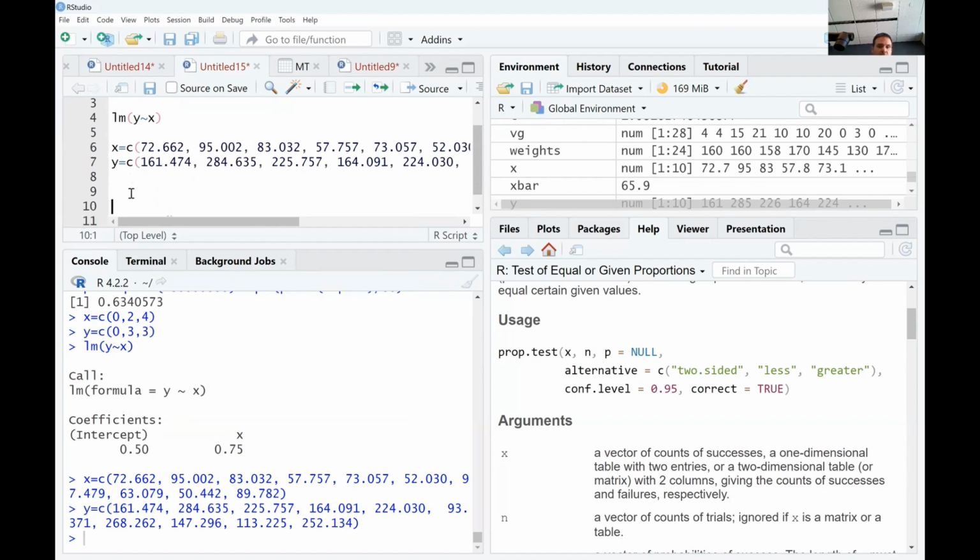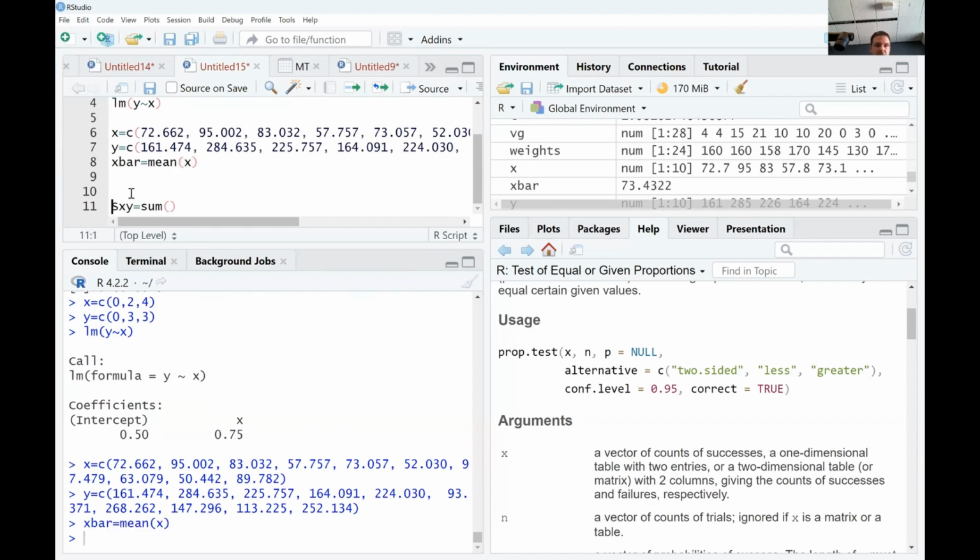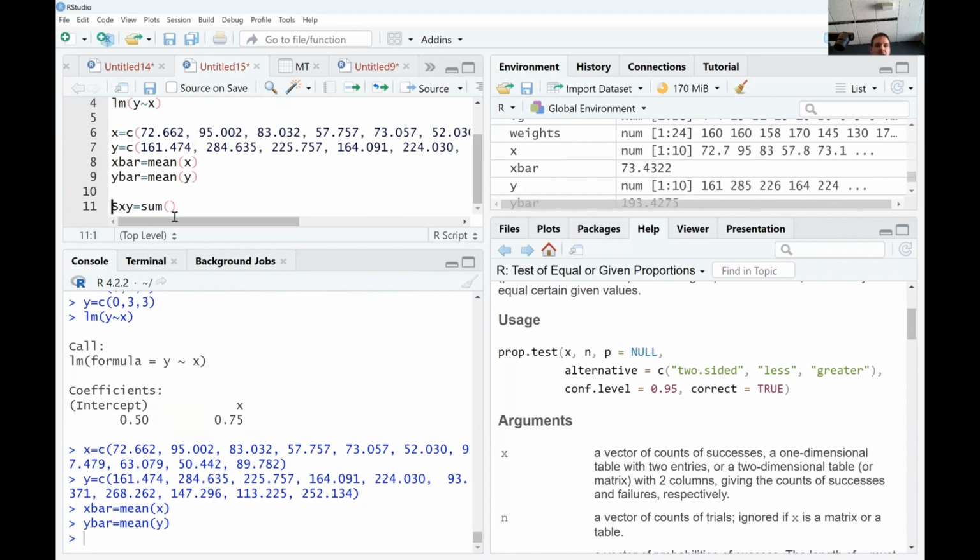Let me let x bar be the mean of the x's, and y bar be the mean of the y's. Then the sum of the product of the ith deviations in the x's and the y's would be the sum of the product of x minus x bar and y minus y bar.